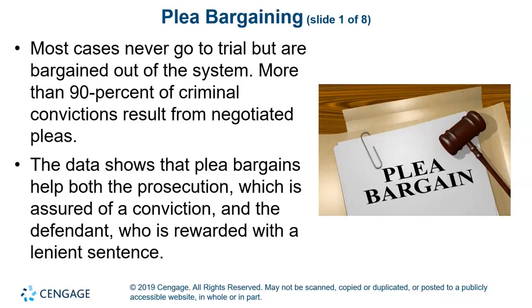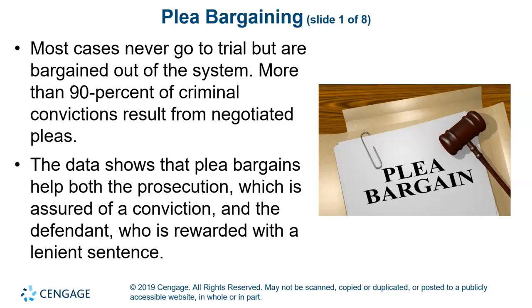Now, the data shows that plea bargains help both the prosecution, which is assured of a conviction, and the defendant, who is rewarded with a more lenient sentence or lesser charges or whatever the plea bargain actually turns out to be.